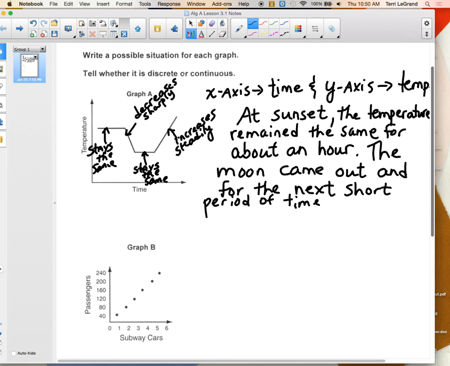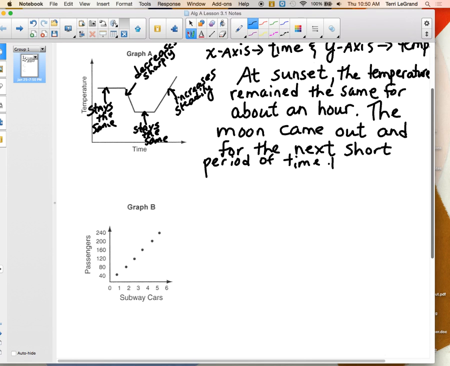For the next short period of time, the temperature decreased sharply. End of sentence. That's a long enough sentence.